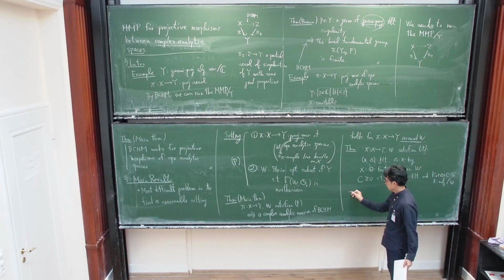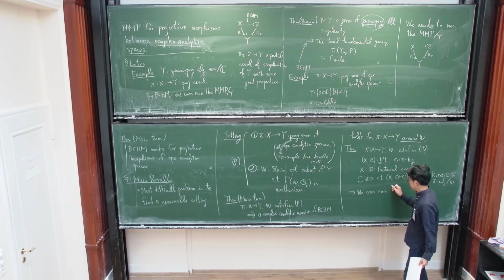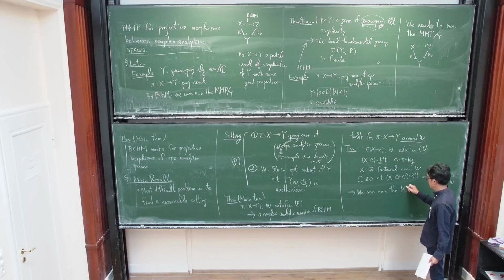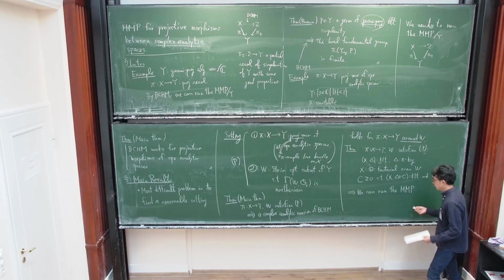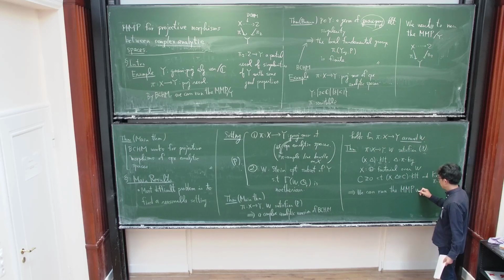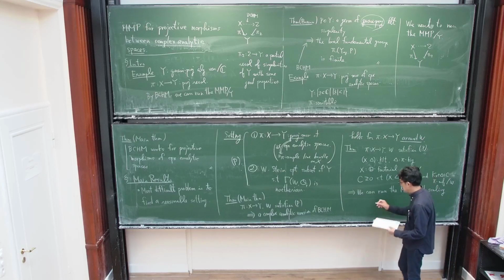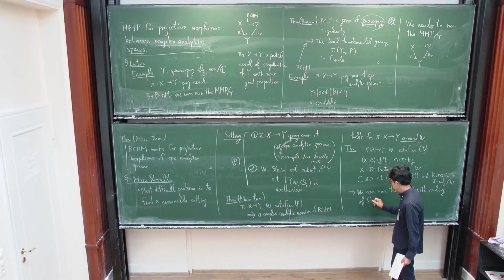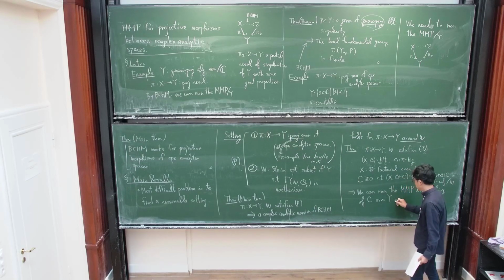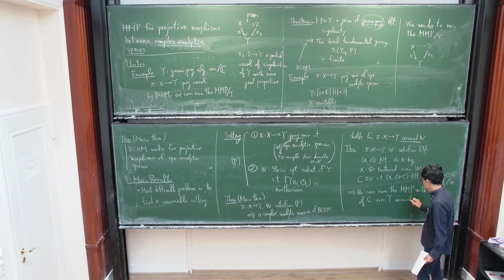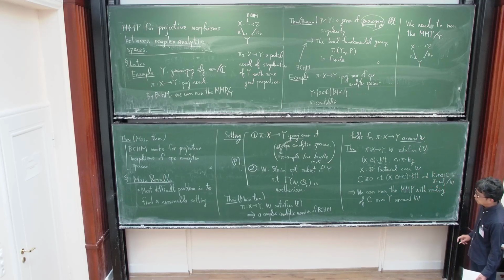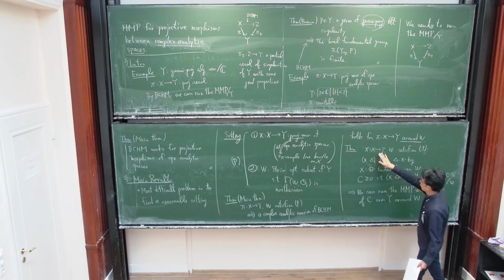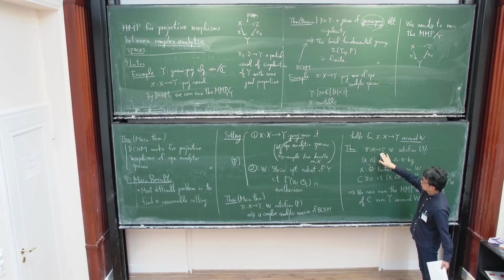Then we can run the minimal model program with scaling of C over Y around W. BCHM proved this theorem for projective morphisms between projective varieties, where W is empty.